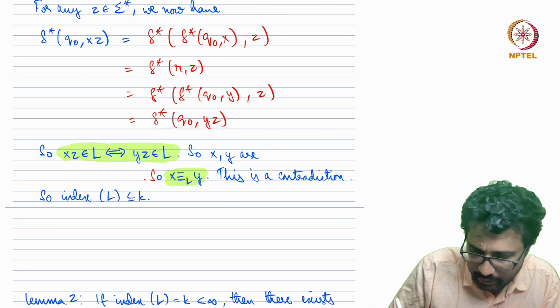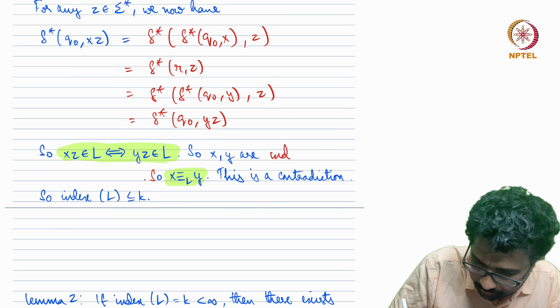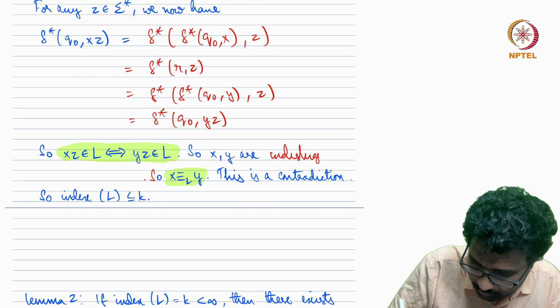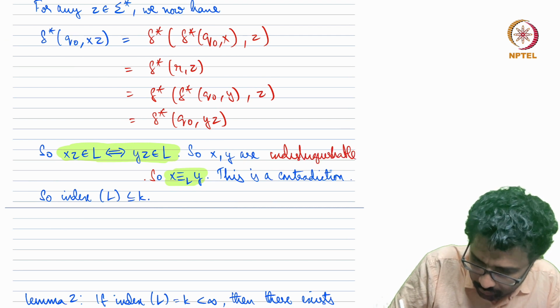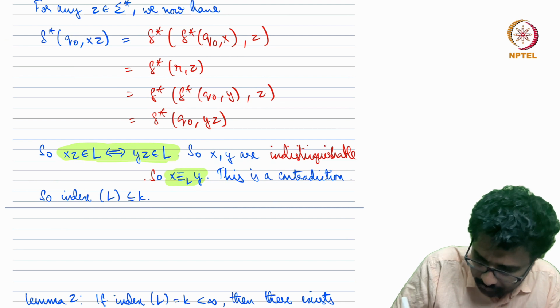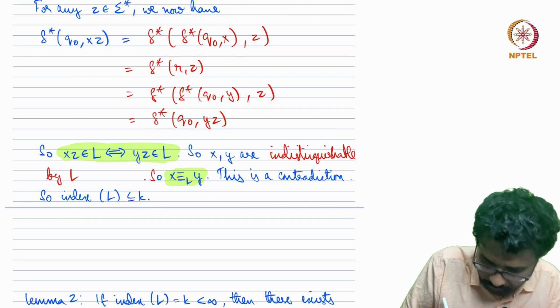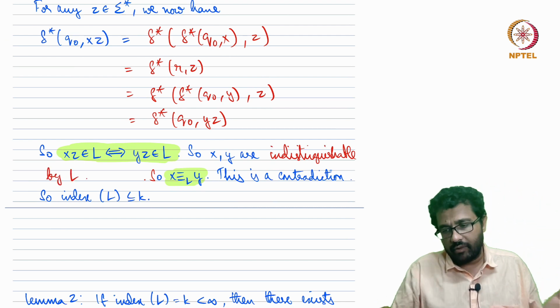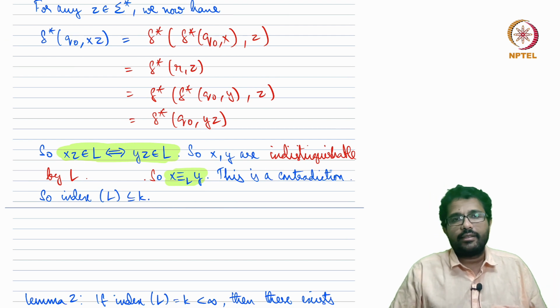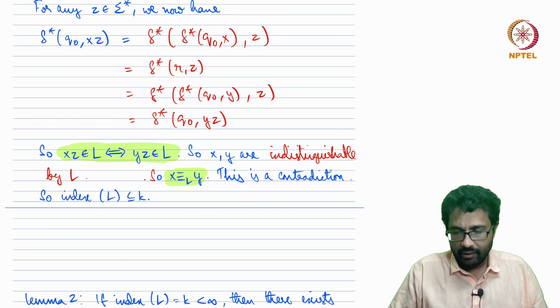Not distinguishable, indistinguishable, because whatever z you put, it is not going to distinguish them, right.